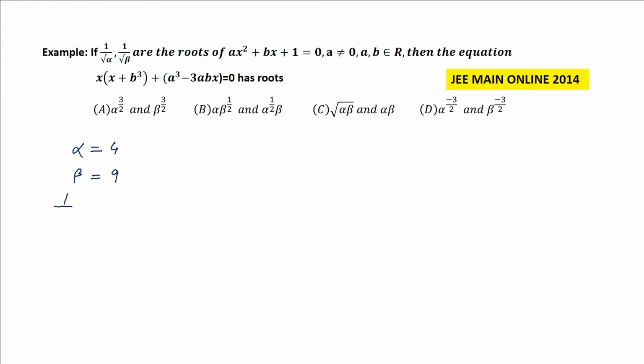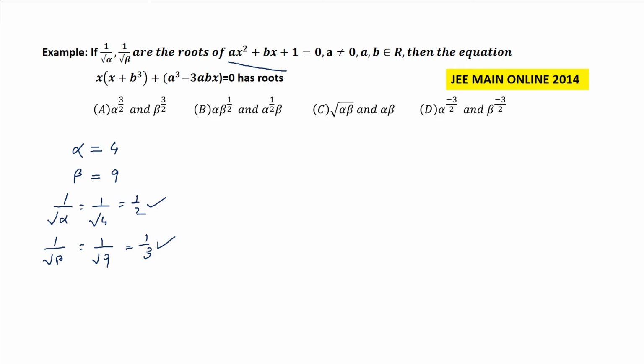So 1 by root alpha, that means 1 by root 4 equal to 1 by 2. 1 by root beta equal to 1 by root 9 equal to 1 by 3. So we get 2 values here. If we take alpha equal to 4 and beta equal to 9, 1 by root alpha and 1 by root beta are the roots, that is 1 by 2 and 1 by 3 are roots of the equation x square plus bx plus 1 equal to 0.